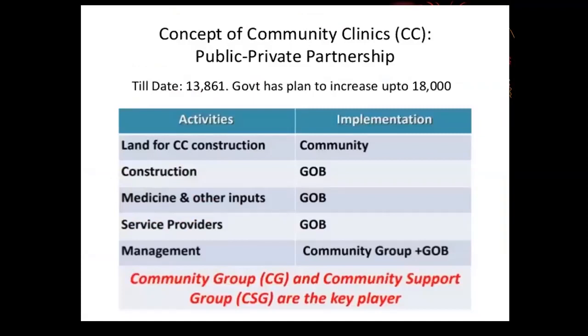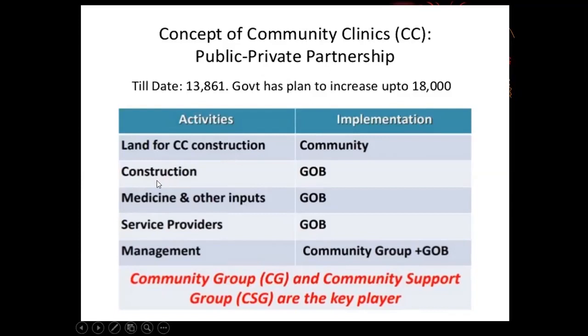Concept of community clinic: it is a good example of public-private relationship. Till date, 13,861; the government has planned to increase it up to 18,000. Activities: land for CC construction, community. Land will be donated by community people.